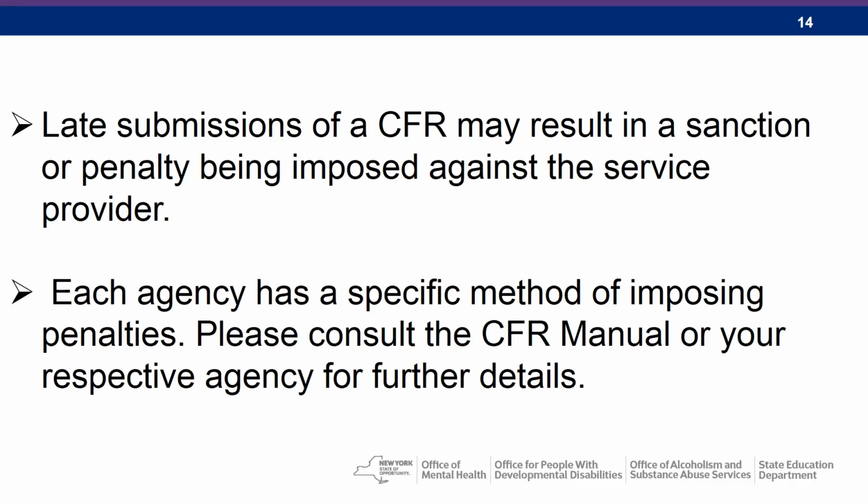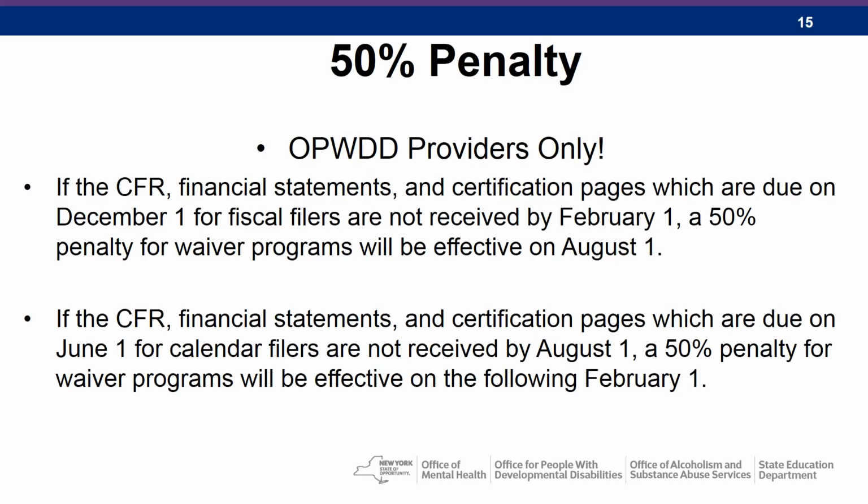For OPWDD filers, an additional penalty of 50% of your Medicaid payments will be imposed if the CFR, financial statements, and certification pages, which are due on December 1st for fiscal filers, are not received by February 1.